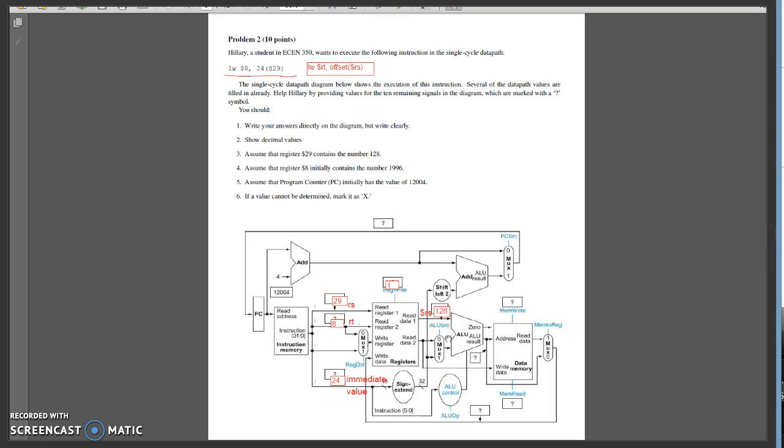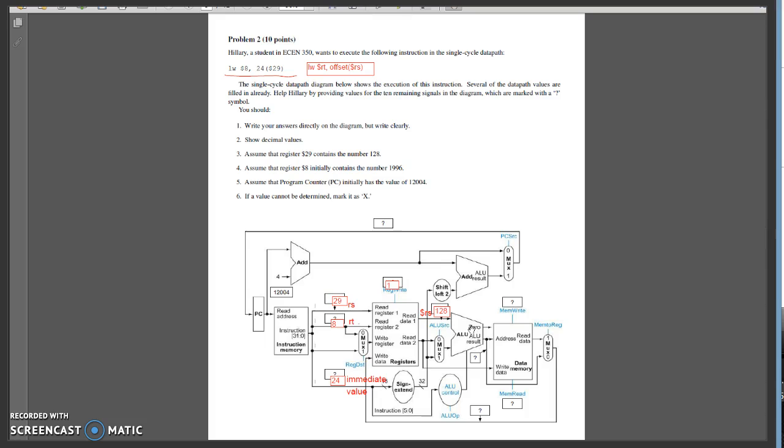Next, we're at our ALU. I want to ask you guys, on what two numbers is the ALU operating, and what is it doing with them? The ALU is clearly operating on the value 128 and our immediate value 24 down here, and it's clearly adding both of them.